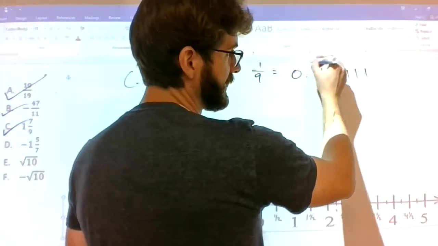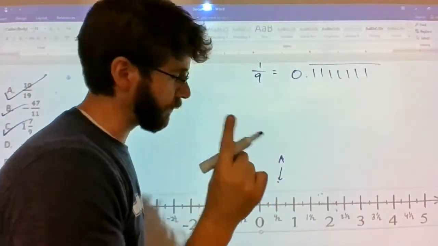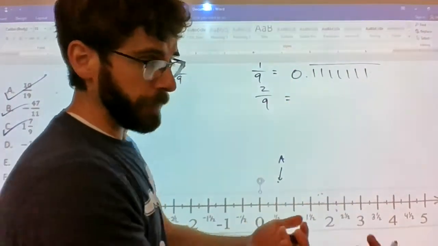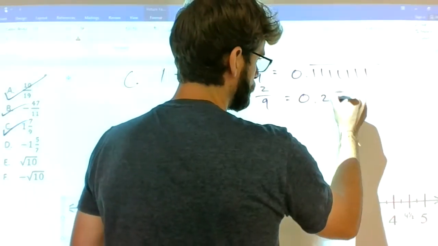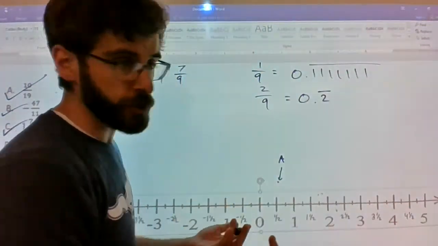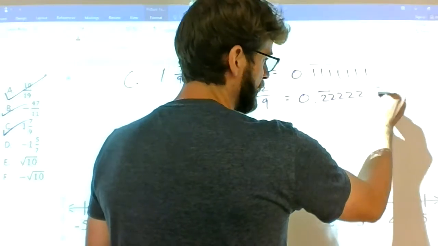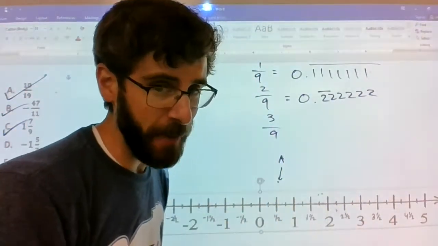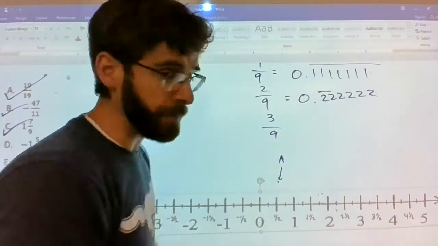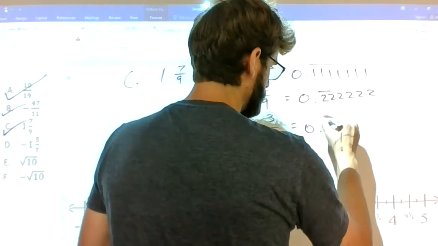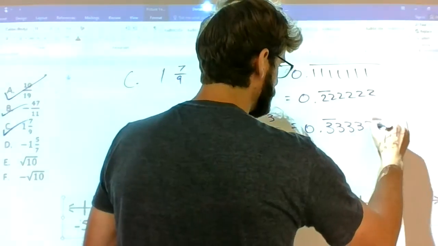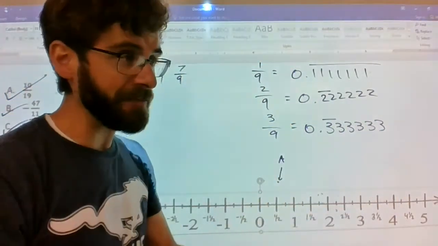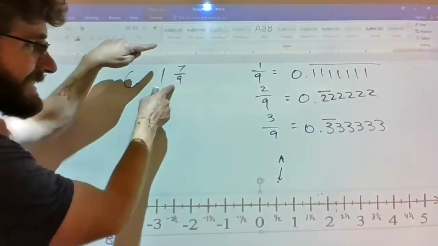We could just write it like this with over 1. 2/9 is 0.2 repeating, or 0.2222222, whichever way you like to visualize it. 3/9 is, I think you guys can finish the pattern, right? 0.3 repeating. So 3, 3, 3, 3, 3, 3, 3. So 4/9, 0.4 repeating. 5/9, 0.5 repeating.